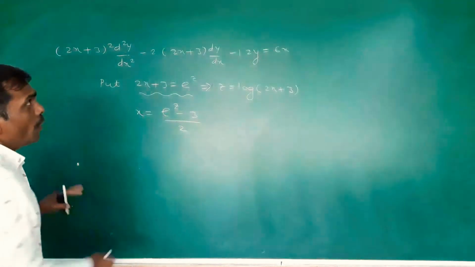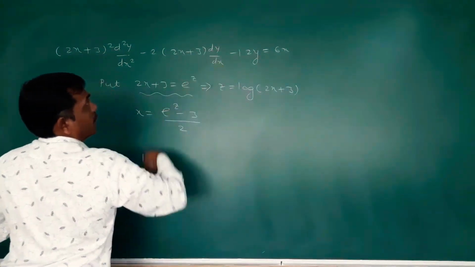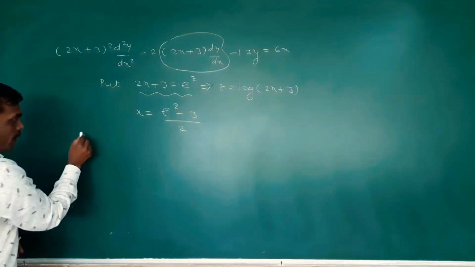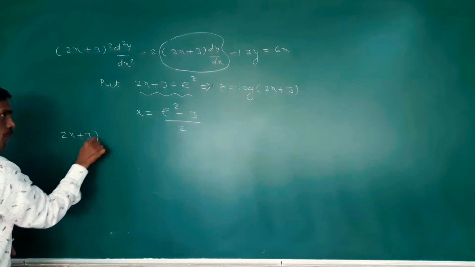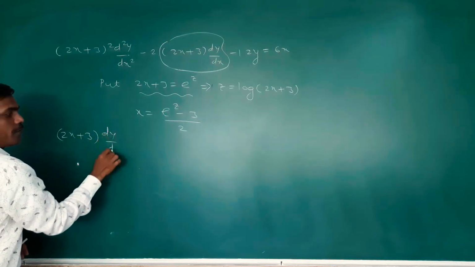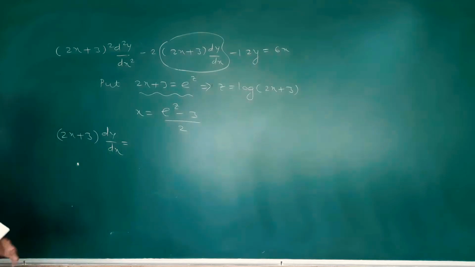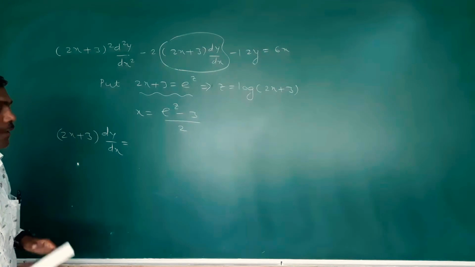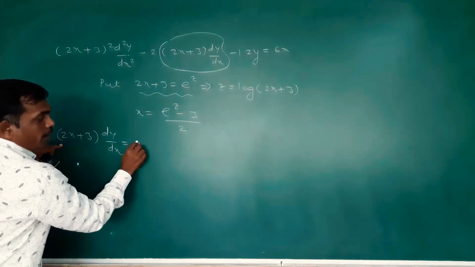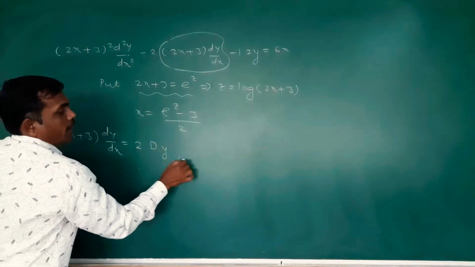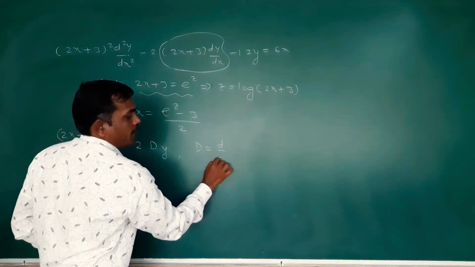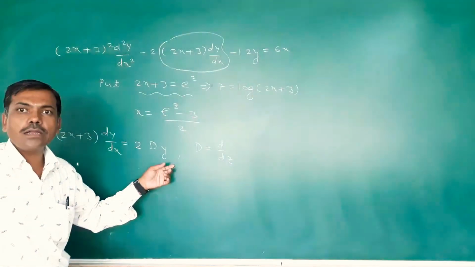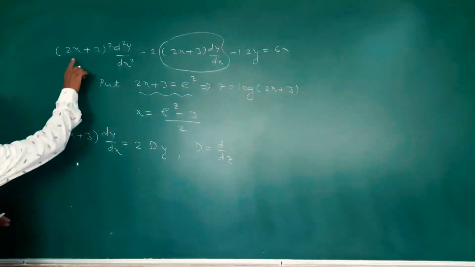Now here (2x+3) d/dx, we write this value completely. From the concept we already studied in our previous video, (2x+3) d/dx is equal to a·D, which is 2D, where the value of capital D is d/dz. So 2Dy. Next, I want to square it.